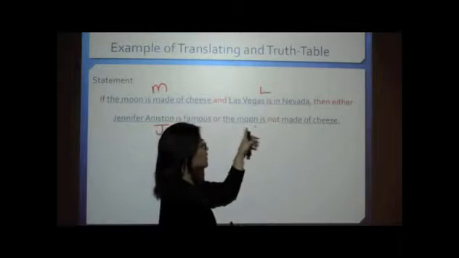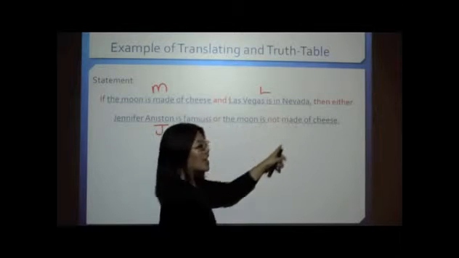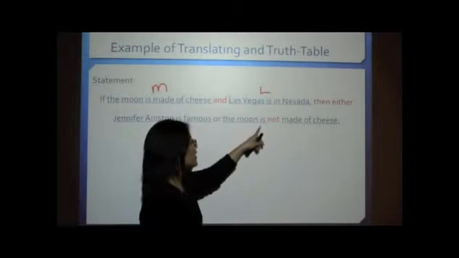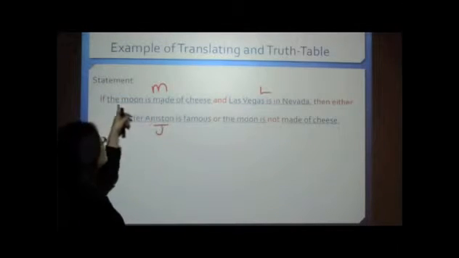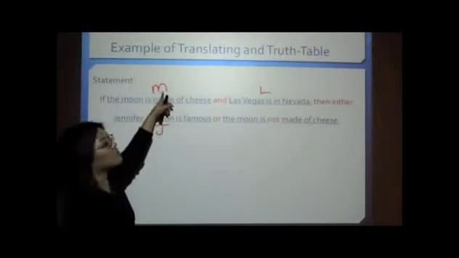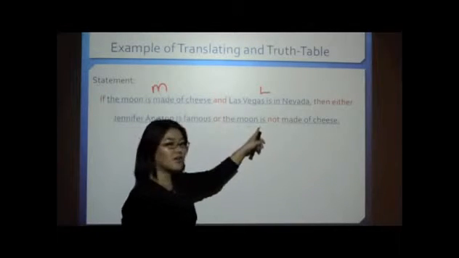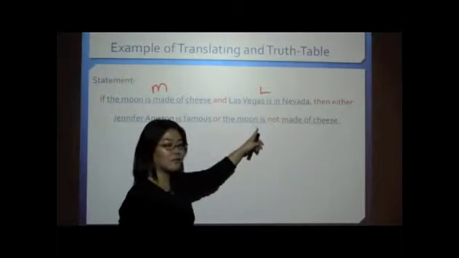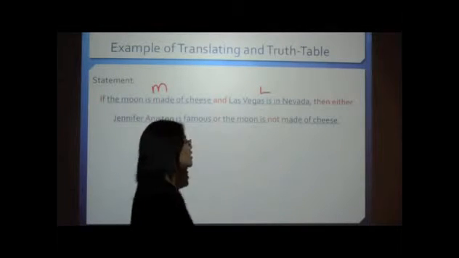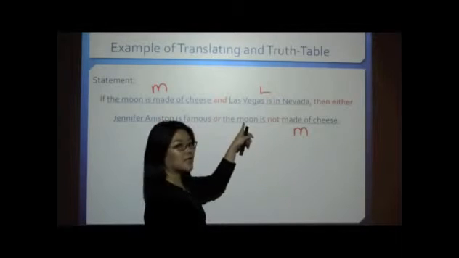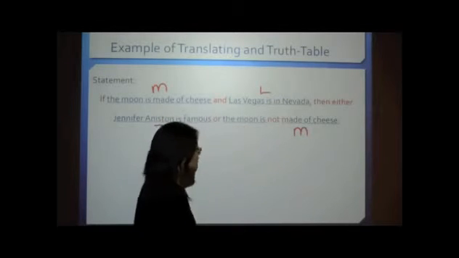So the simple statement here is the moon is made of cheese, and we've actually already given a propositional variable to that statement. We've done it here. So the moon is made of cheese was given the propositional variable m, so we're going to use that same propositional variable for the same statement here because it occurs in the same passage, okay? So we're going to give m to this simple statement, the moon is made of cheese, okay?